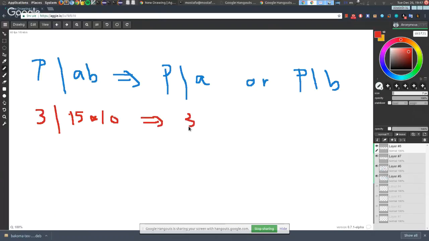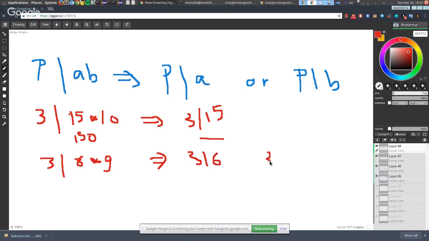Then 3 divides 15. So this is one of the cases. This number is 150. What else? If 3 divides, say, 6 times 9, here it's a case where both numbers are actually divisible by 3.